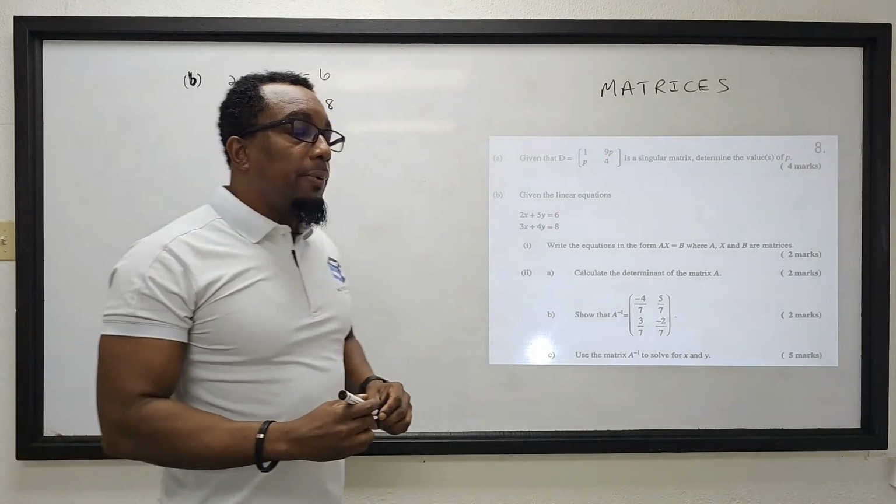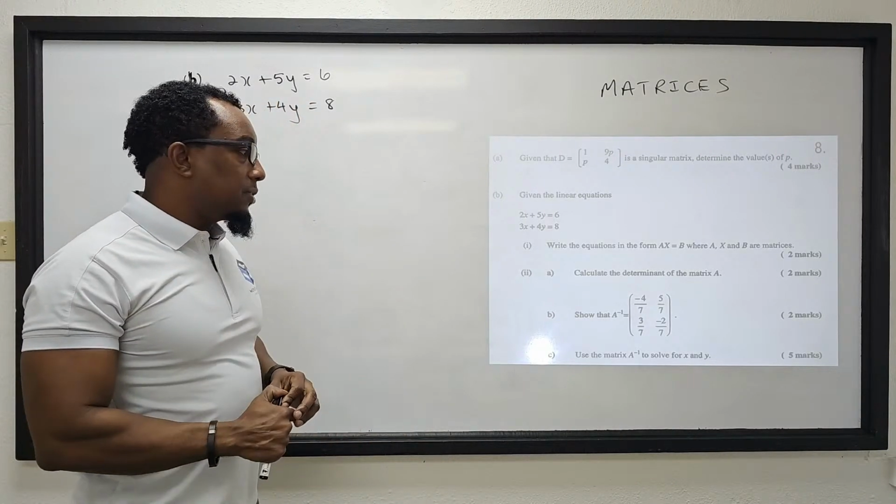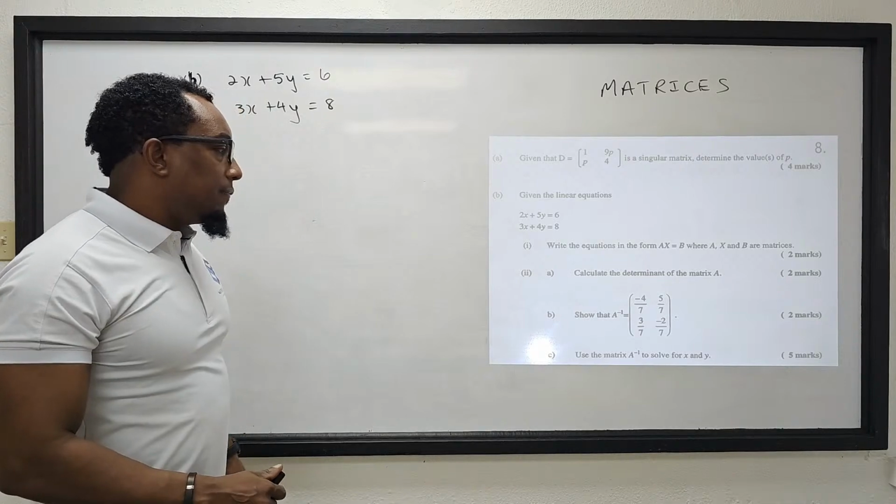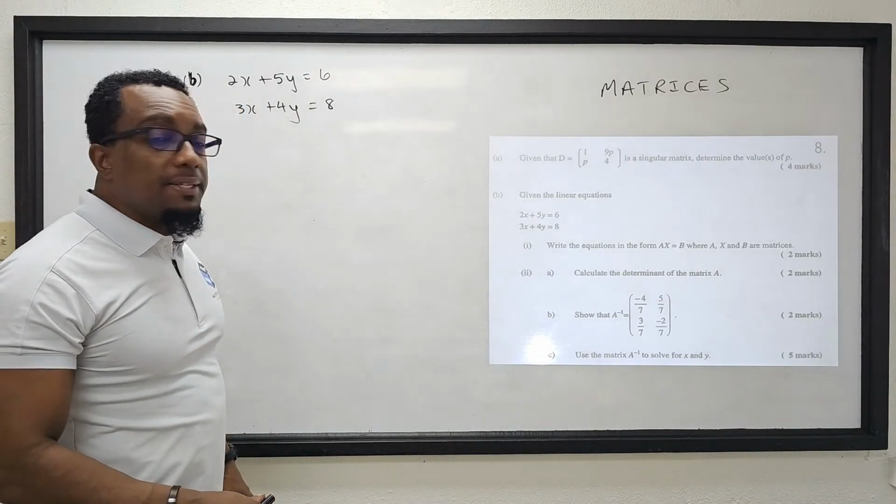So we have a pair of linear equations, and what I want us to do, if we go through the question, the last part, is solve for x and y.